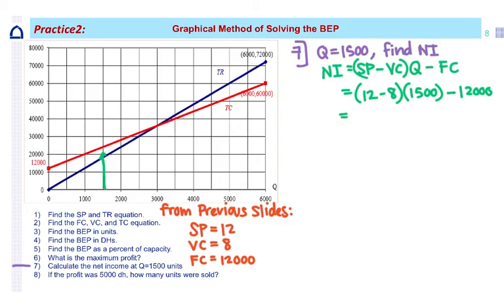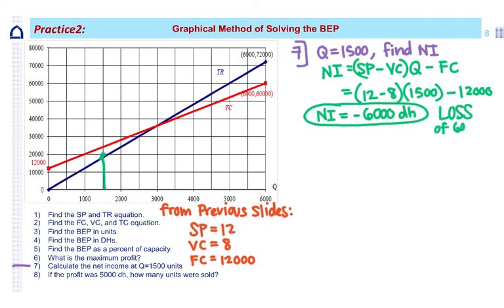We plug that in, we chug out the answer, and we get that the net income is minus 6,000 dirhams. If the net income is minus, that means it's a loss, a loss of 6,000 dirhams, which is what we predicted when we looked at our graph. If we only sell 1,500, then our net income is in the loss region.